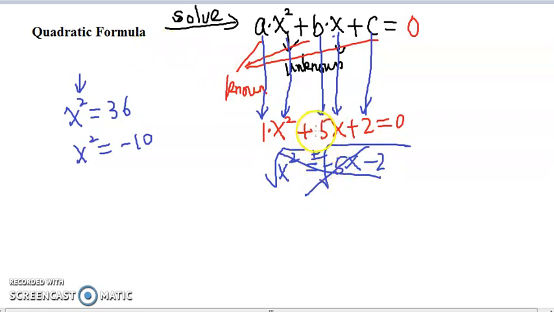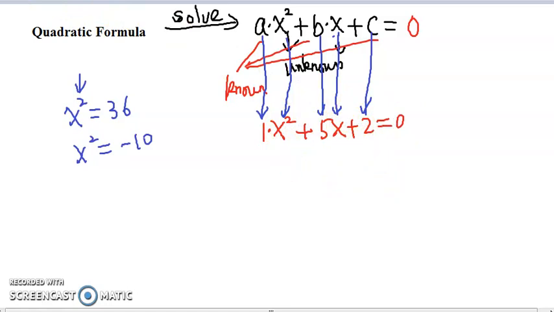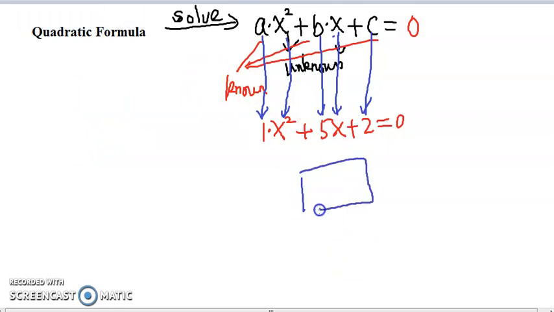Previously we learned factoring. If you make one side 0, you factor the non-zero side. But unfortunately, this trinomial is not factorable, and we can see very quickly because we can do the box thing and try to factor. There's only one way to factor x squared, and one way to factor 2.